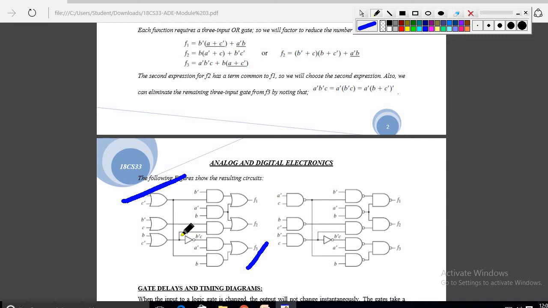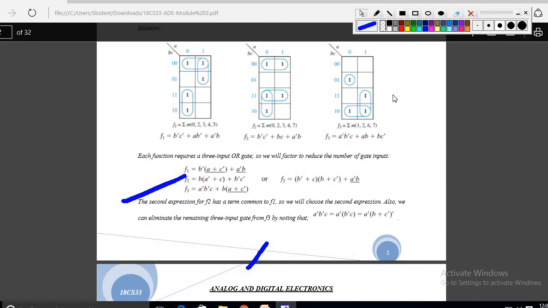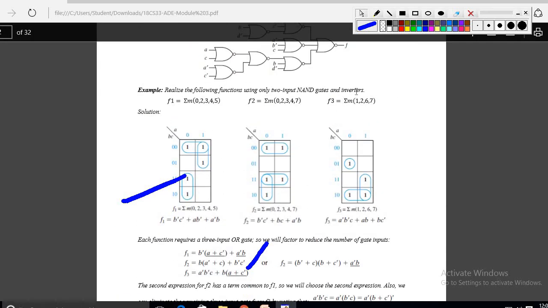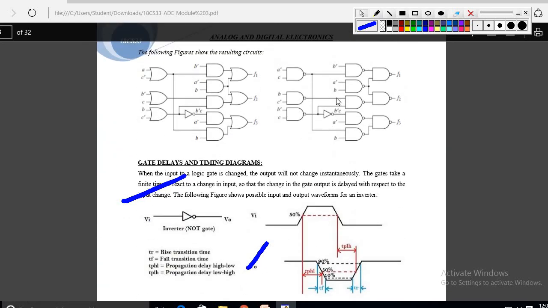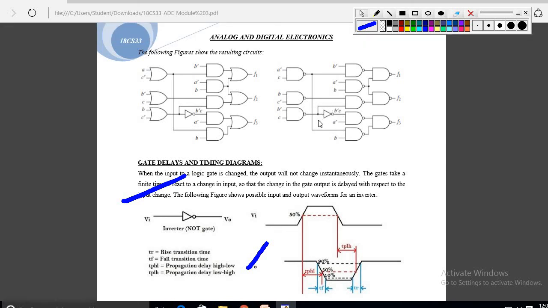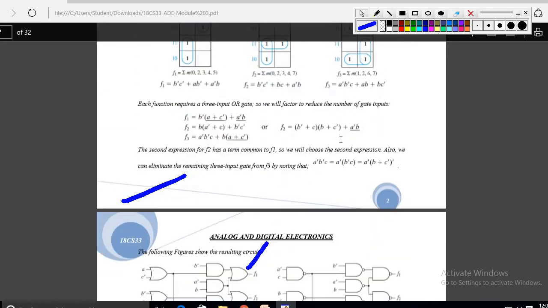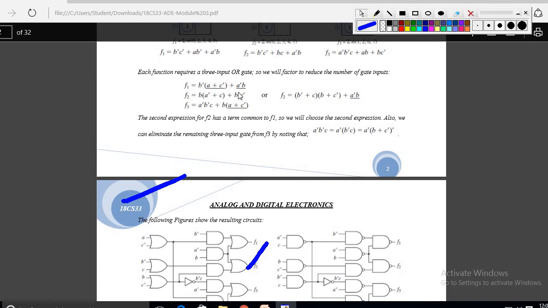Here I can also replace this inverter with a NAND gate, but here the question says inverters also will be used. For that reason I am not converting this inverter. If it is to be completely NAND gate, you have to remove this also and replace it with a NAND gate. Is it clear? So in this way you have to convert, nothing else here.